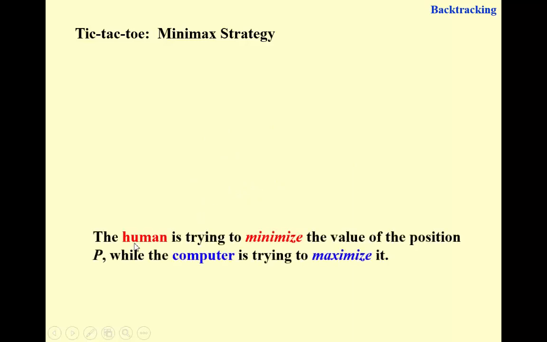Which means we evaluate each candidate position and assign each position a specific value, a number. And the human is always trying to minimize that value, while the computer is trying to maximize it. So basically we're considering ourselves as the computer. So we try to maximize it while the human is trying to minimize it. Okay?